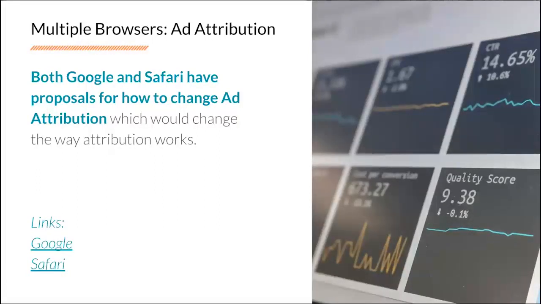Google and Safari have kind of united on that aspect of it. They have diverged a bit on how much data they want to be able to communicate back to the systems, but we're likely to see, if this goes forward, some sizable change in how ad attribution is measured. And so if you're trying to figure out A/B testing ad creative, for example, or you're trying to figure out the effect on the website based off interactions with ads, it's going to be harder to do going forward, should this go through.